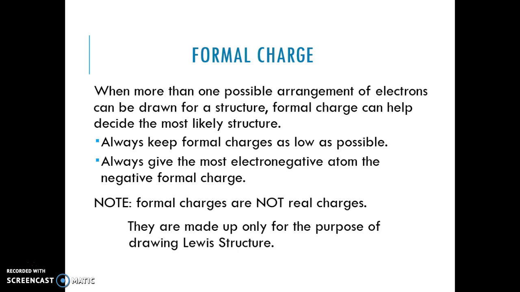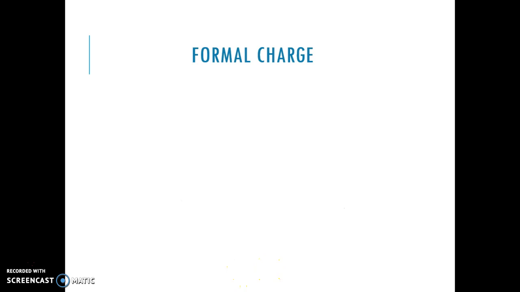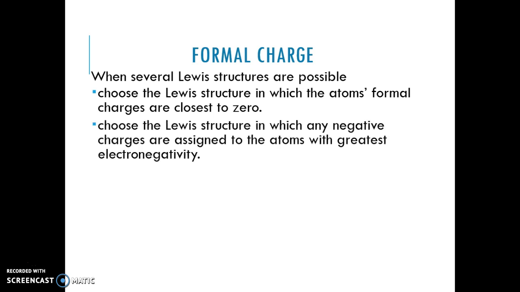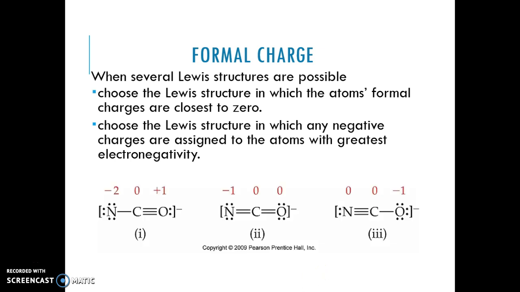And again, remember, these formal charges are not real. They're made up for us to figure out Lewis structures a little more easily. So, if you have several structures to pick from, you're going to choose the Lewis structure in which the atom's formal charge is closest to 0. And you're going to choose the Lewis structure where the atom has the greatest electronegativity.